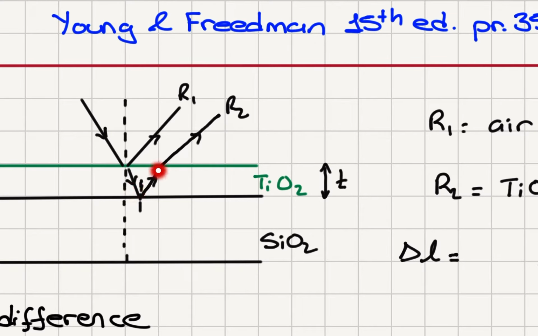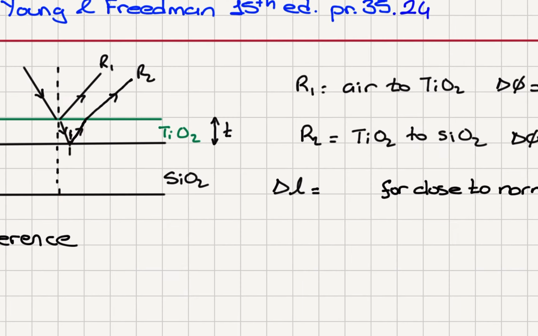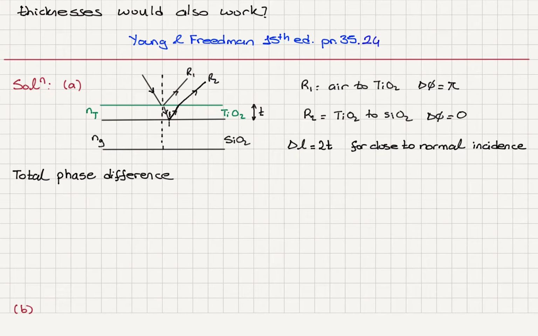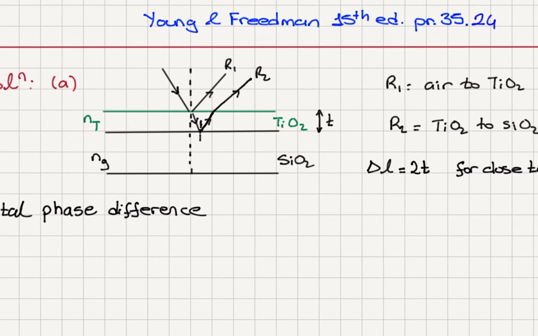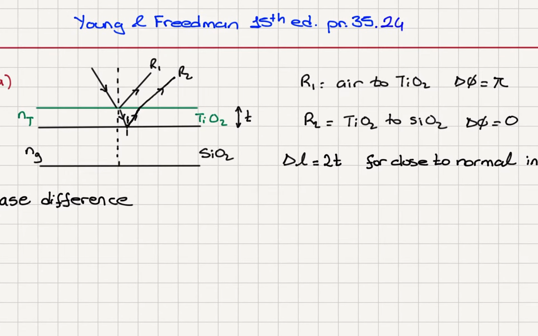So for close to normal incidence, approximately, there is a path difference of 2t, twice the thickness of the titanium oxide layer. So the total phase difference that we have to calculate, we need to know the equivalent of phase difference for the path difference of 2t.